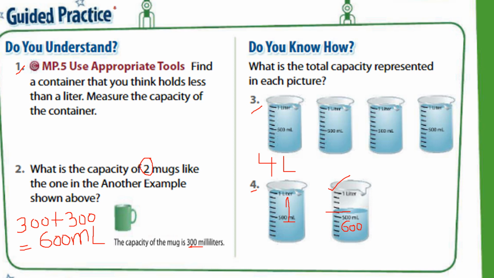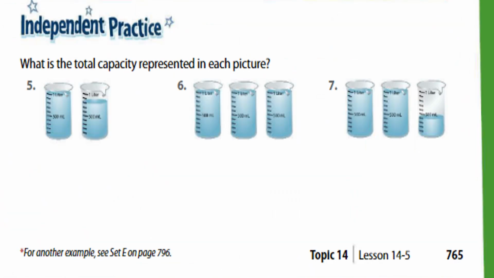So the capacity of these two beakers is 1 liter and 600 milliliters. Excellent. So question 5, 6 and 7 you have to do yourself just like we did the questions above.